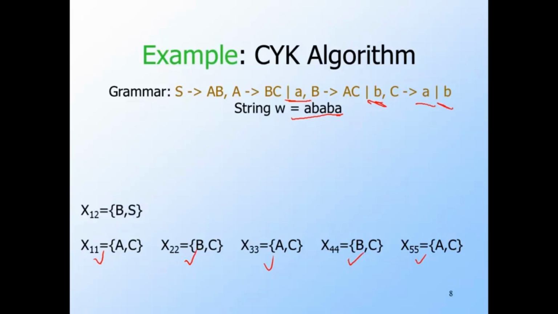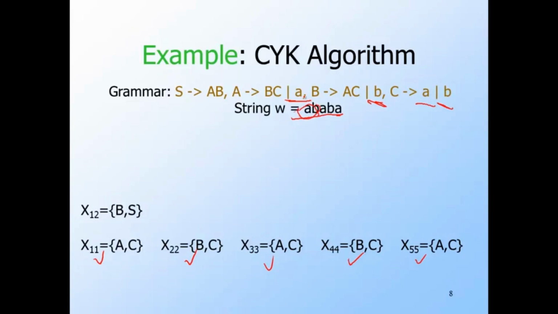Now we need to compute the 4 entries in the row above. These are the sets of variables that derive substrings of length 2. Here's one example, X_12, which is the set of variables that derive the string in the first positions of w, that is, ab. When j is i plus 1, k can only be i.